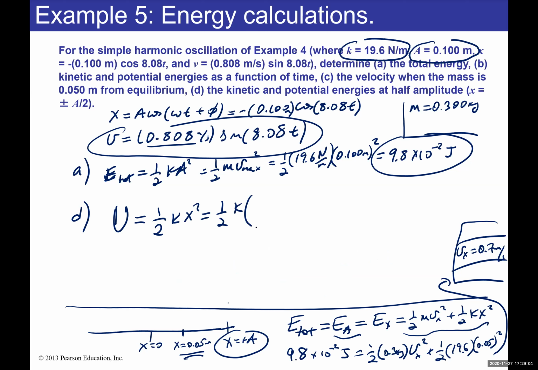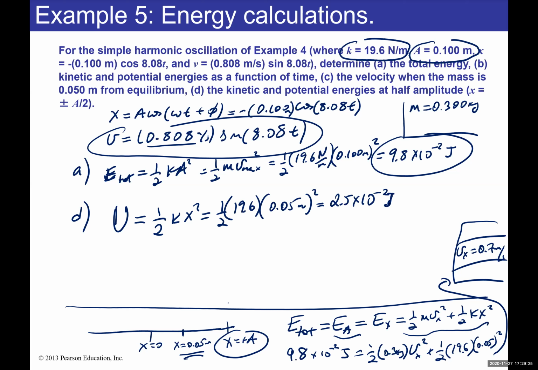Well, A is 0.1, and so it's half of that. So I can write this as 1/2 times 19.6 for k, and then 0.05 meters squared. And that will give me 2.5 times 10 to the negative 2 joules.